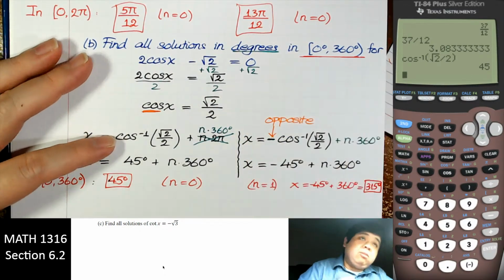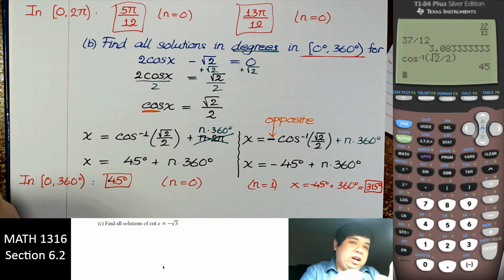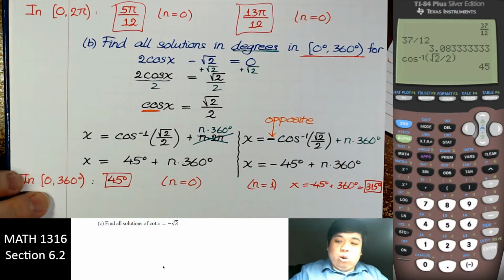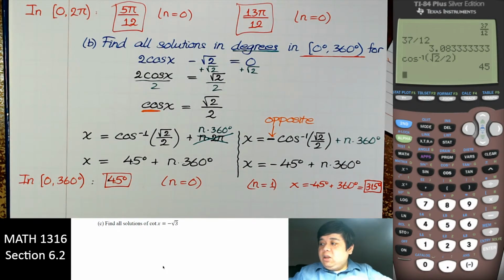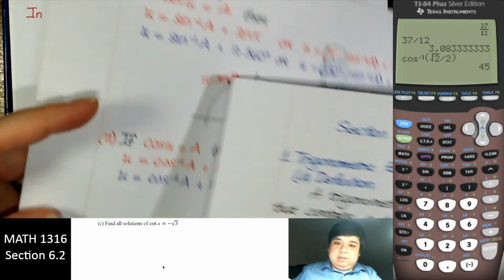So sine is supplement with an S. Cosine is opposite, and for tangent, there's no such thing. But the period is going to be pi, right?